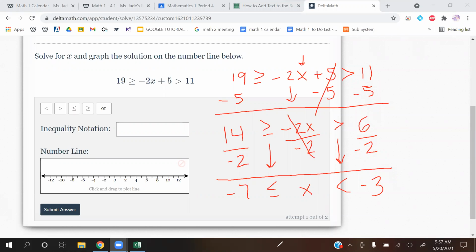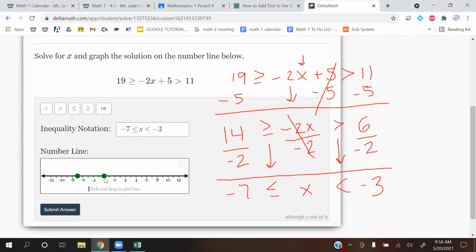Okay, so any questions up till here before I do the number line portion? Let's type this in then. So we have negative 7 is less than or equal to x, which is less than negative 3. So when you have the x's in the middle, let me just graph it for you first.